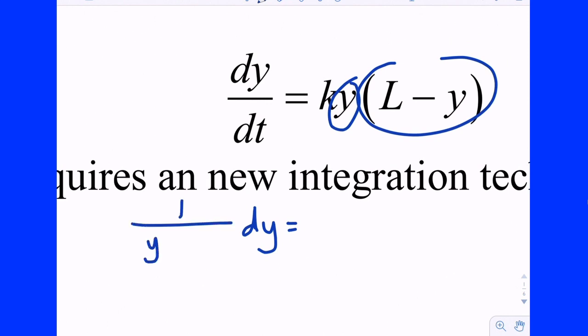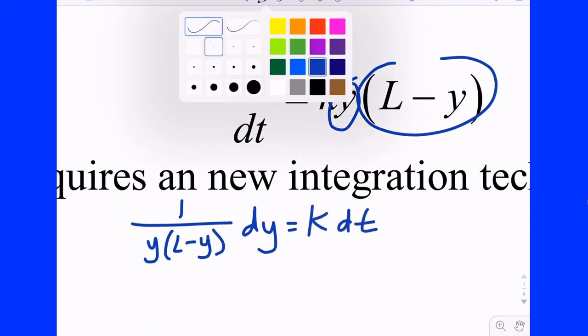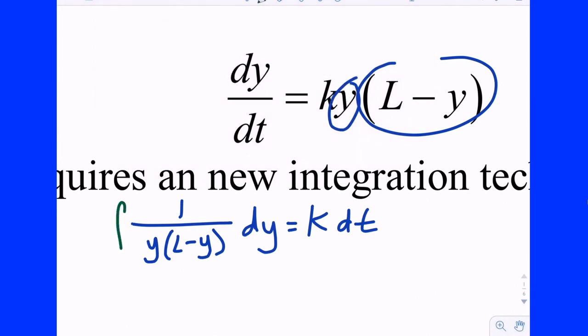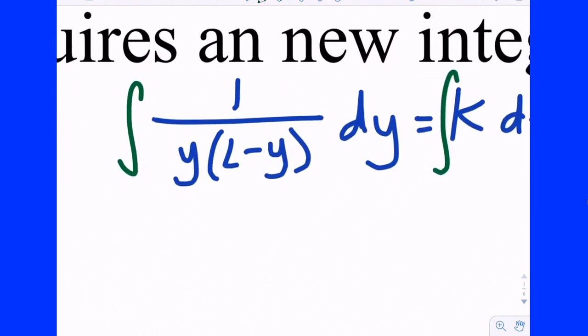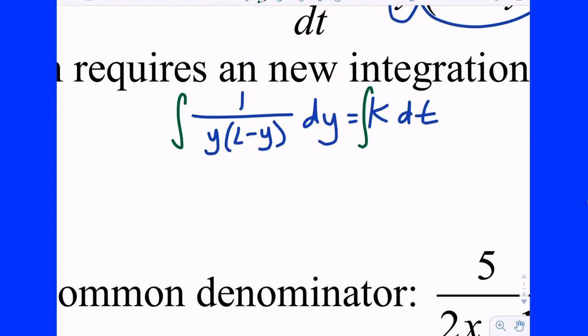So 1 over y times L minus y, dy, and that would equal k times dt. That ought to separate the variables, and then I'm going to integrate both sides. What would be the antiderivative on the right-hand side? What's the antiderivative of a constant with respect to t? t, right? t times k, or kt, plus C. But what's the antiderivative on the left side? Do we know how to find the antiderivative of that?